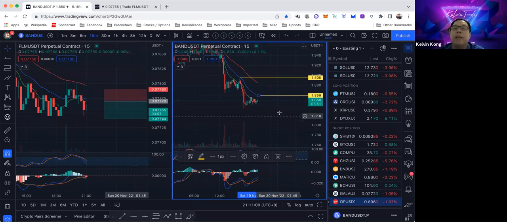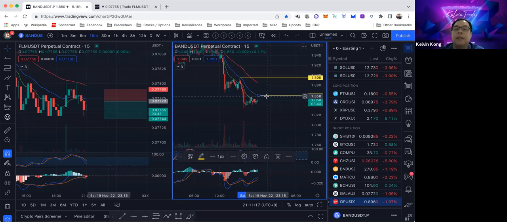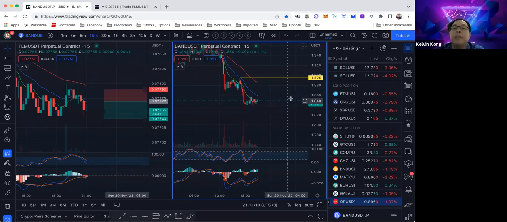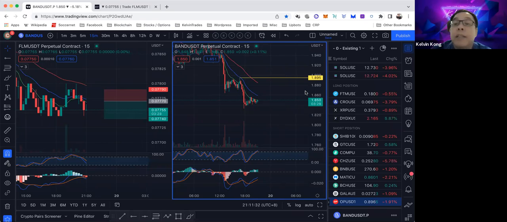Ben entry would be around here. The blue line, which is about 1.86. Okay, we ladder in 1.86, 1.87, and 1.88.